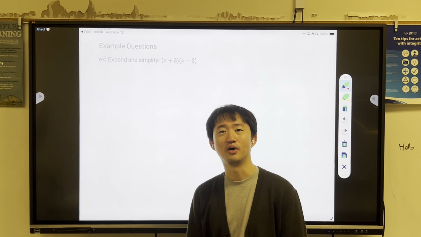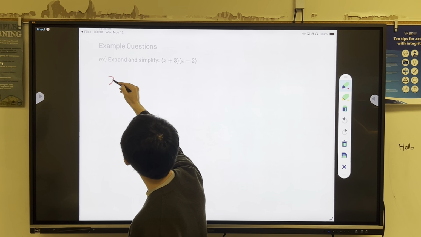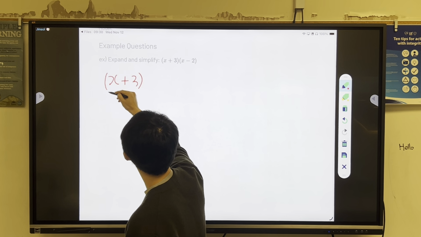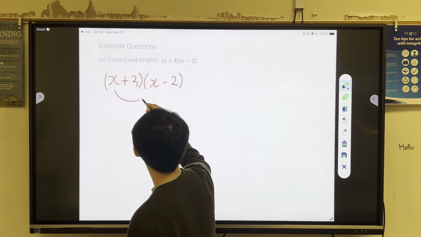For the first example question, we're going to use the FOIL method. The FOIL method means that we multiply the first terms together, and you're going to multiply the outer parts together, and you're also going to multiply the inner parts together, and finally you're going to multiply the last parts together.